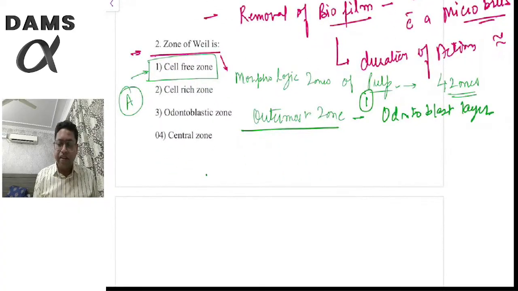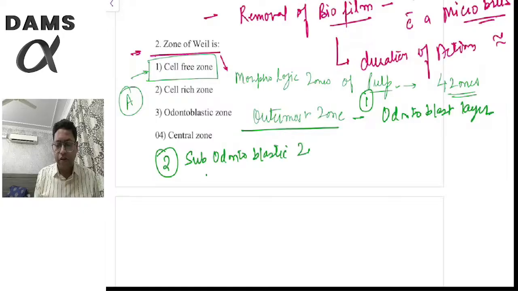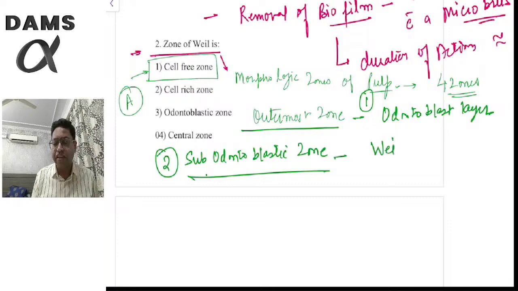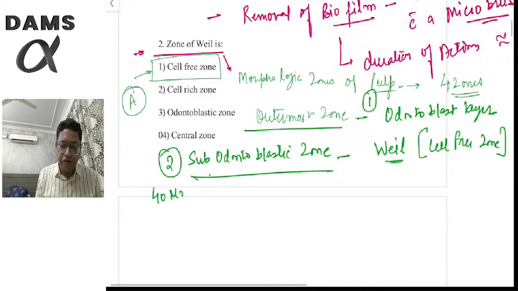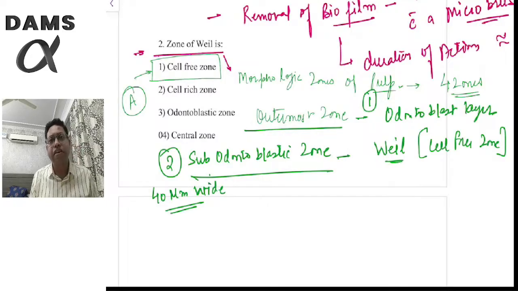Okay, and the second zone is the subodontoblastic zone. That is known as the zone of Weil, and it is basically a cell-free zone. No cellular elements are present in this zone, which is nearly about 40 micron wide below the odontoblast layer.